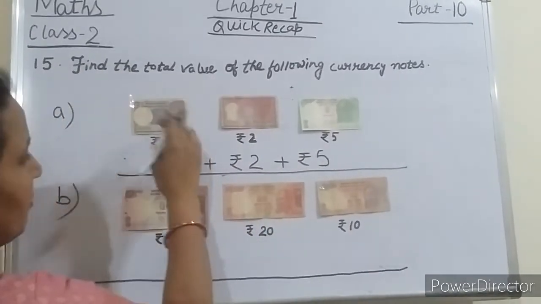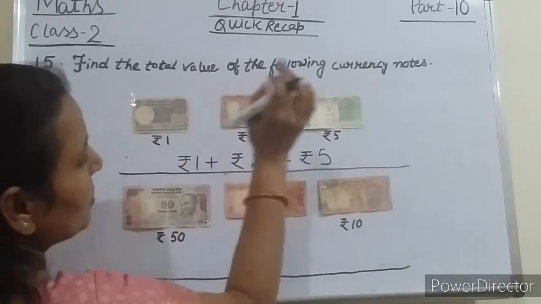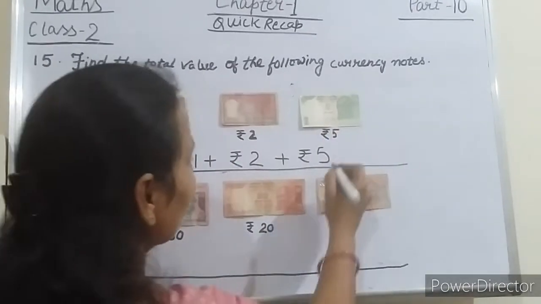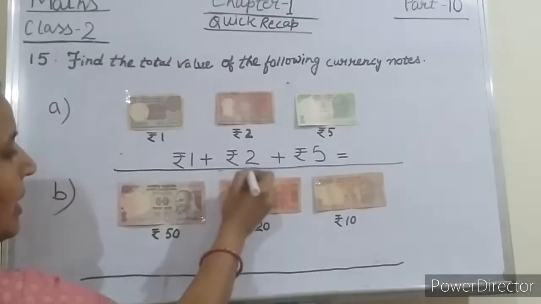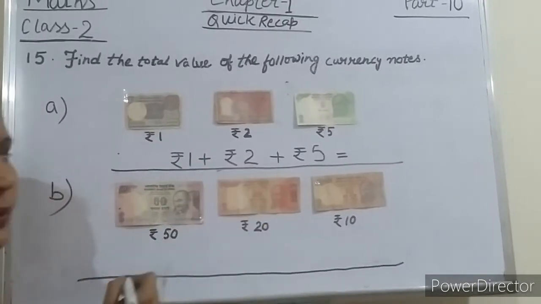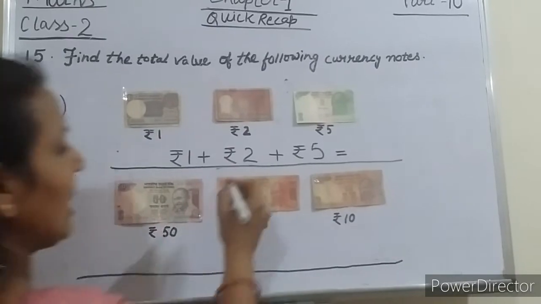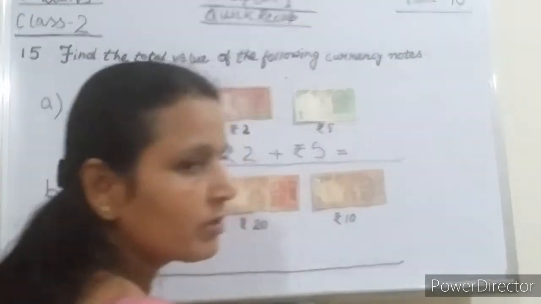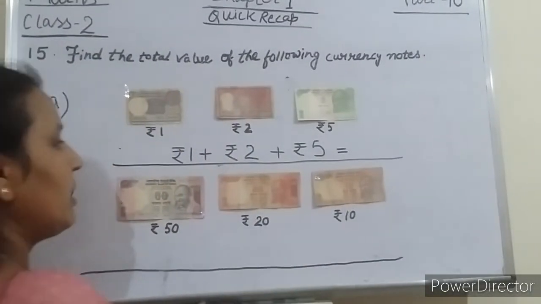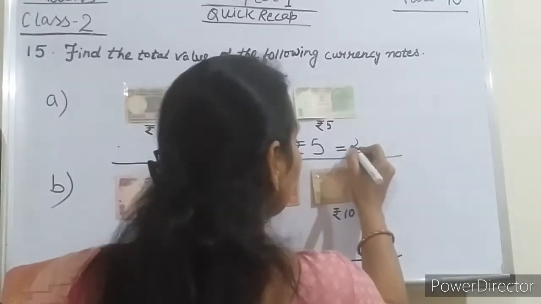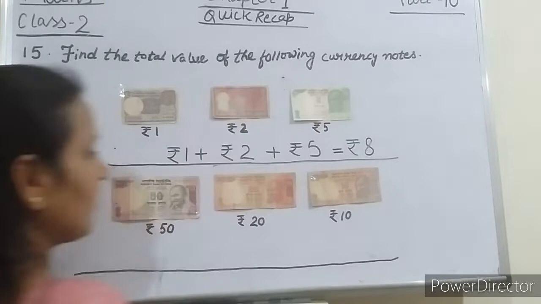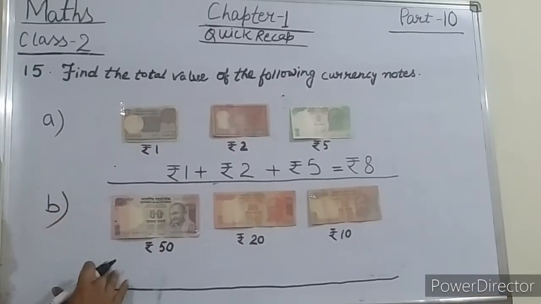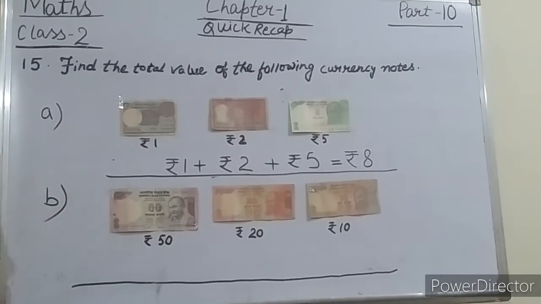We have to add. So, start adding. 1 plus 2, 3 rupees, and 3 plus 5, 8 rupees. Very good, students. So, write here rupee 8.